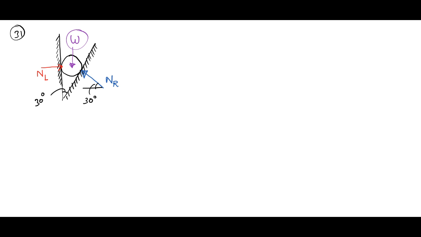So let me try and solve the question. I can say sigma Fx or Fy equals 0. Now why did I start with sigma Fy equal to 0? It will give me a bit of an advantage. You can start with sigma Fx also, but if I write sigma Fy equal to 0 first, the advantage is that this unknown force has a y component, but this unknown force doesn't have a y component, and therefore in the sigma Fy equal to 0 equation, only this force will appear and the other unknown force doesn't appear.